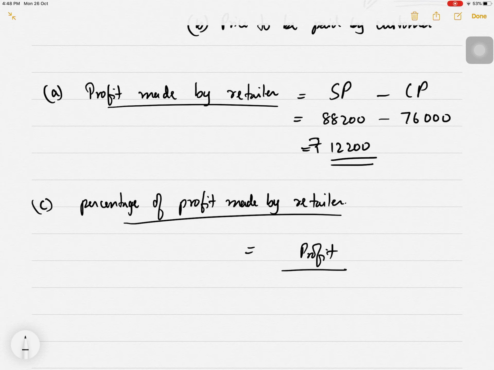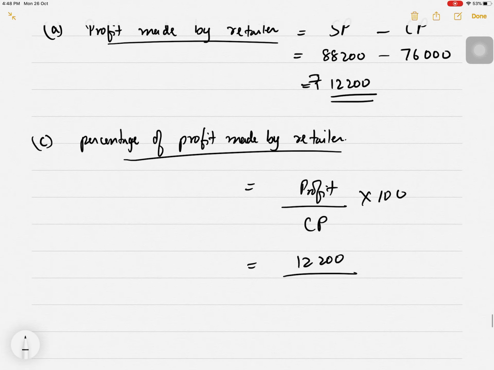Okay, for this, profit upon cost price into 100. Profit is 12,200. Cost price is 76,000 into 100. Okay. So 12,200 divided by 76,000 into 100.